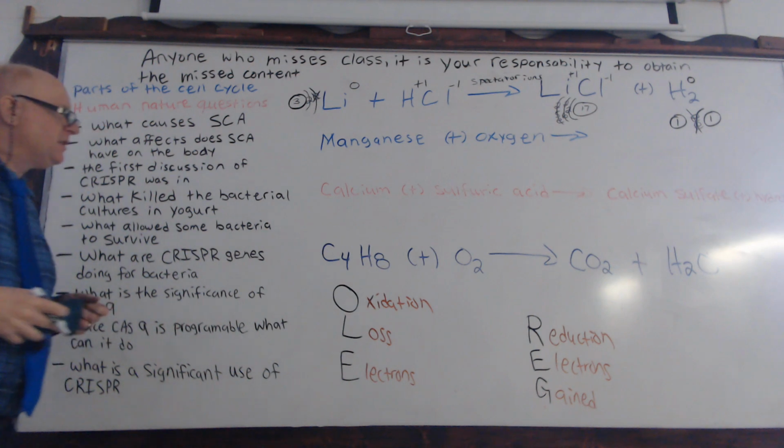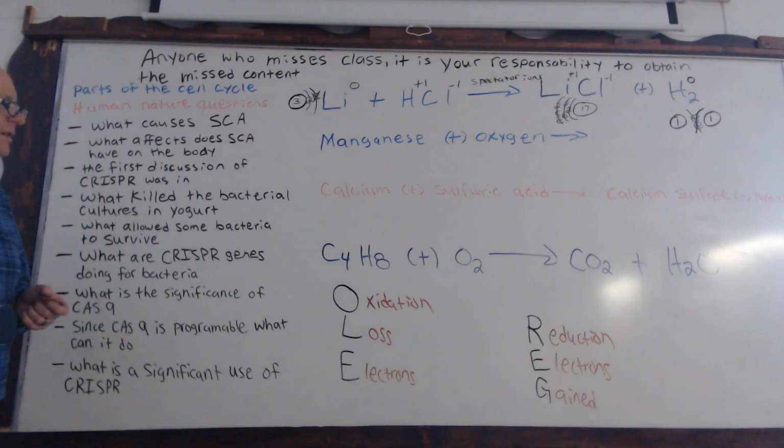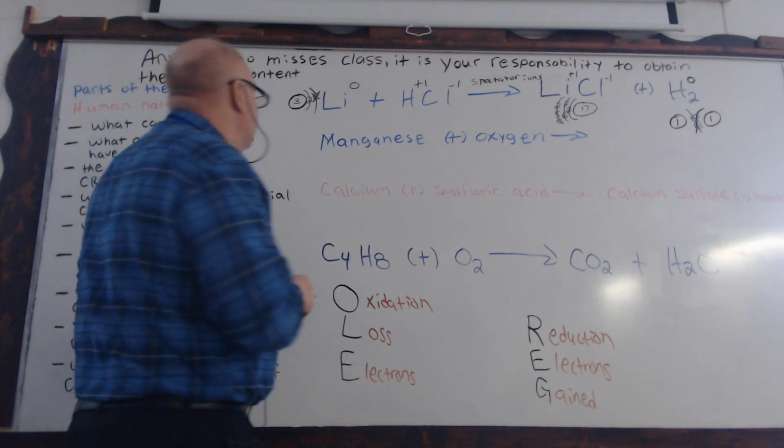So that must mean there's only two other choices, the lithium and the hydrogen. One of them gained electrons. One of them lost electrons. Okay, so how can we make sense of that?